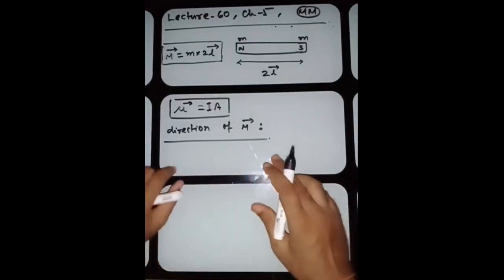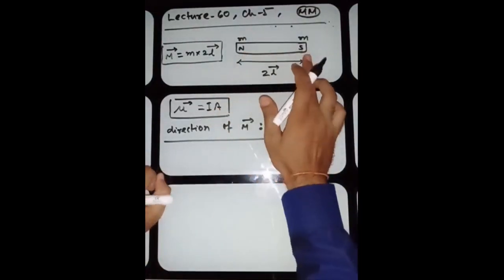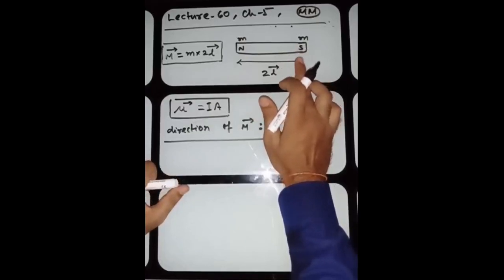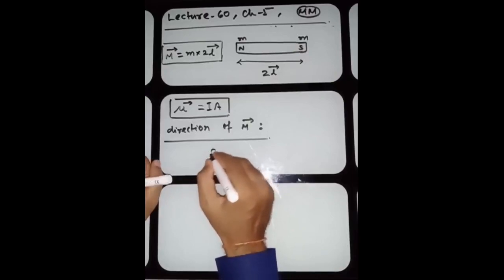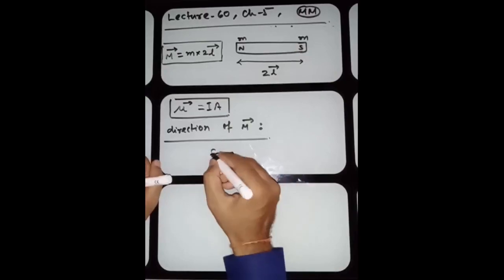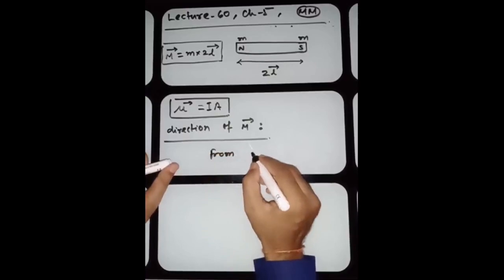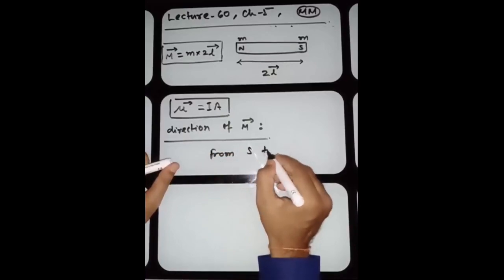It means in this magnet the dipole moment will be from south to north, so the direction of dipole moment must be from south to north.